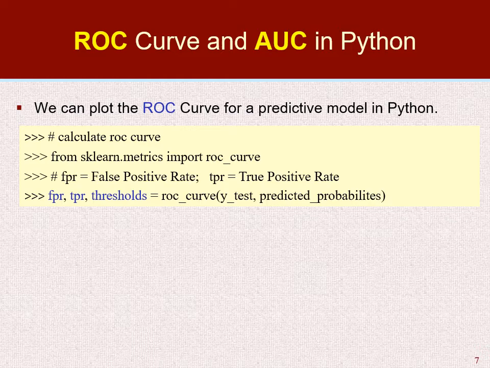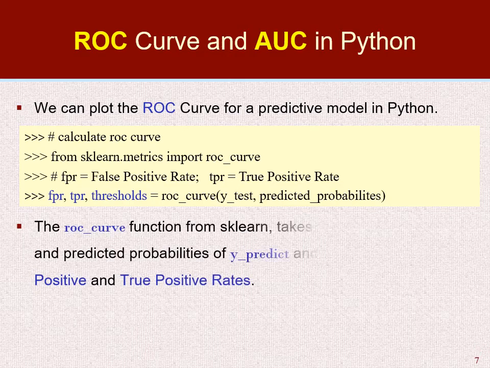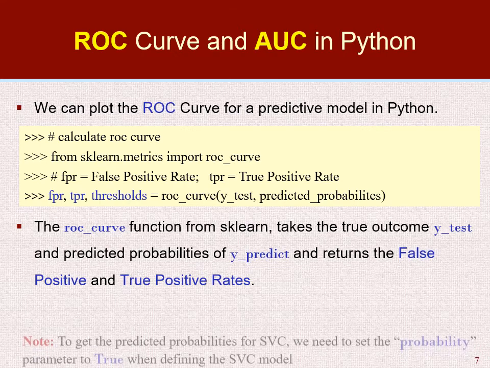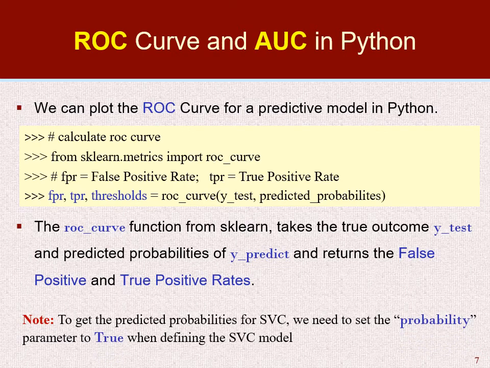The roc_curve function takes the true outcome, y_test, and the predicted probabilities, y_predict, and returns the FPR, the TPR, and also the thresholds. Note that to get the predicted probabilities for support vector machines, we need to set the probability parameter to true when defining the SVC model.